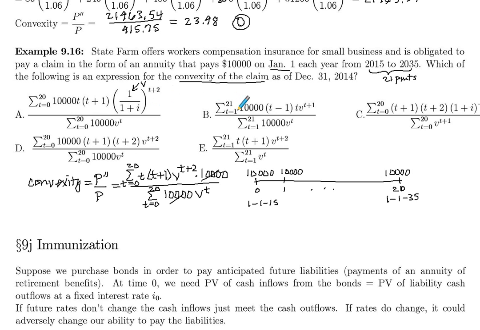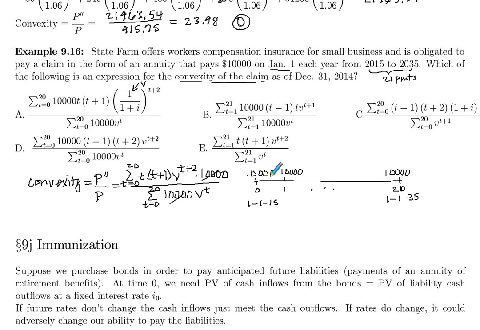So if this starts at 1, ends at 21, which is 1 later here, and so your value of t is 1 higher, but then that was offset here by starting with a value that's 1 lower. All these values of t are 1 lower. Except in the denominator here, though, here we're starting at time 0, so we get v to the 0, so there's no discounting of the first payment, and that's what happens here.